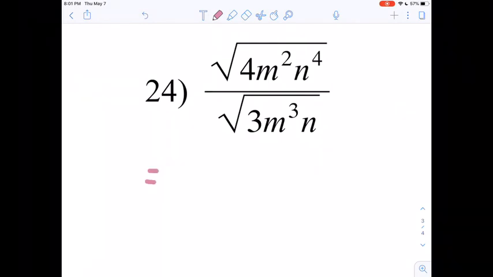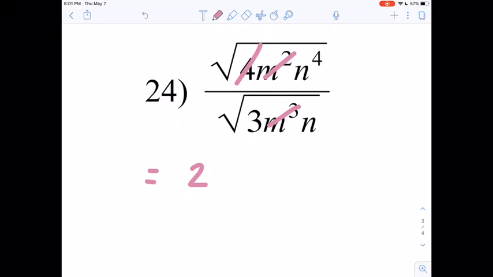So I can't simplify the 4 and the 3, but I can take the square root of 4. So that's 2. So if you want, you could take the square root of m squared, or you could simplify the m squared with the m to the third. Let's do it that way this time. So the m squared's going to go away because 3 minus 2 is 1, so that's going to become m to the first.